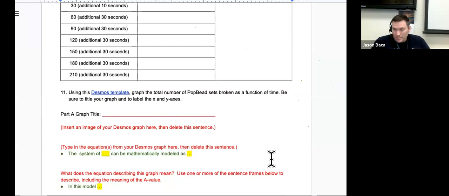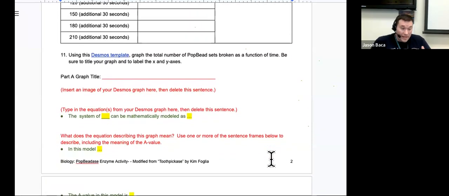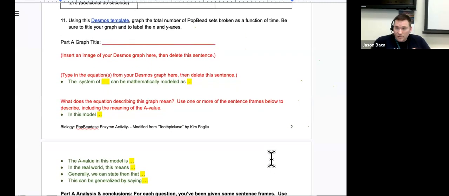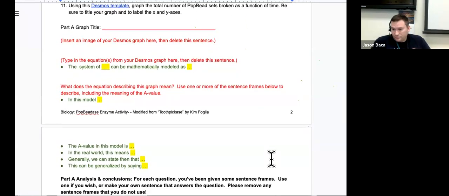So we talk about some of the things that make enzymes not function correctly, right? Denaturation and so on and so forth. But it's super fun. They get really competitive with this. They want to pop as many as they possibly can. And so that's what this is.